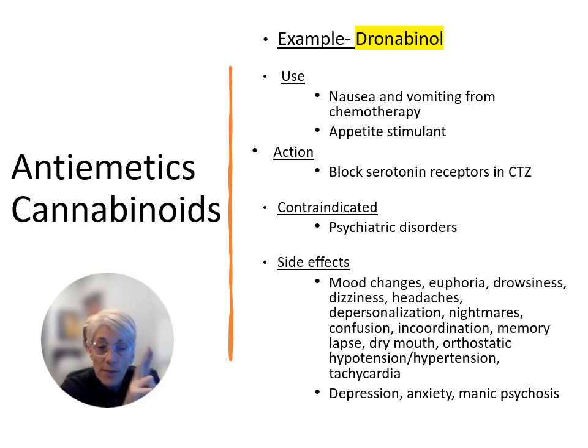So this is kind of a 2-for-1. But again, another category of antiemetics, and that is our cannabinoids. And actually ATI just identifies one, so that makes it a little easier.